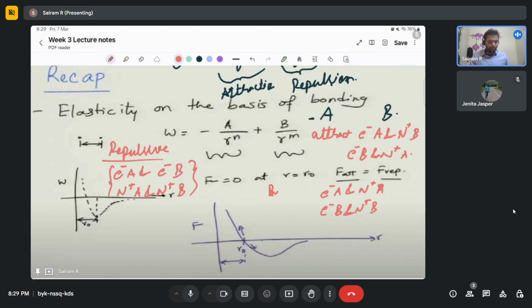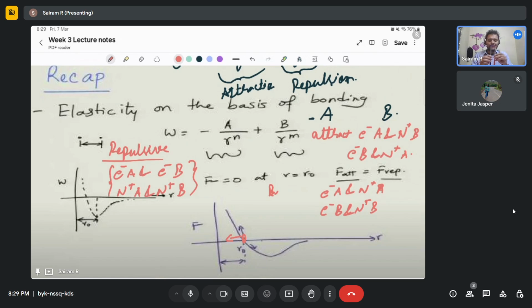When we try to bring two atoms together beyond the certain limit r naught, we are going to need a very high positive force. At the beginning of this class we had assumed two pens to be two atoms. When we try to bring these together beyond their ideal limit r naught, where their potential energy is minimum, we need an excessive positive force, because there is so much repulsion between the two nuclei and between the two electronic clouds.